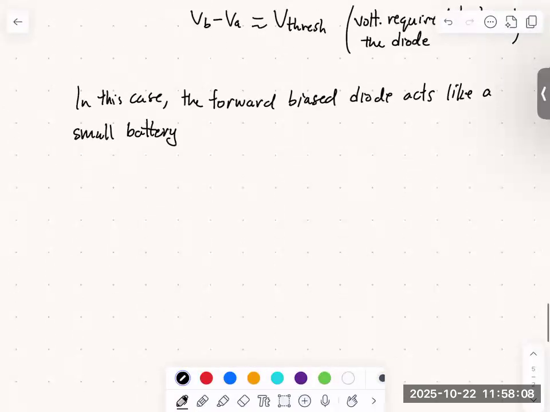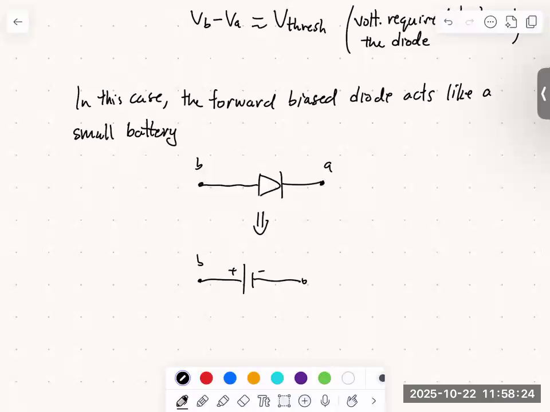So if we focus just on the diode, here's our diode, here's terminal B and terminal A, and what we need to do is consume some of the voltage in order to turn the diode on.